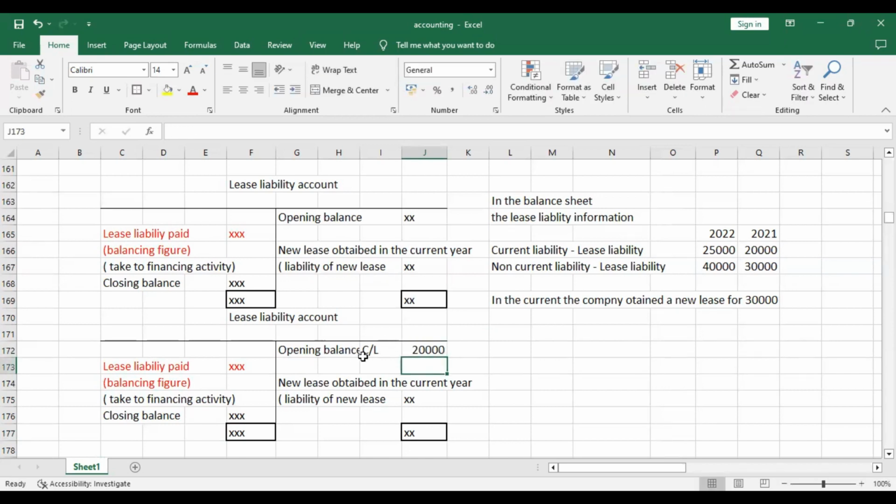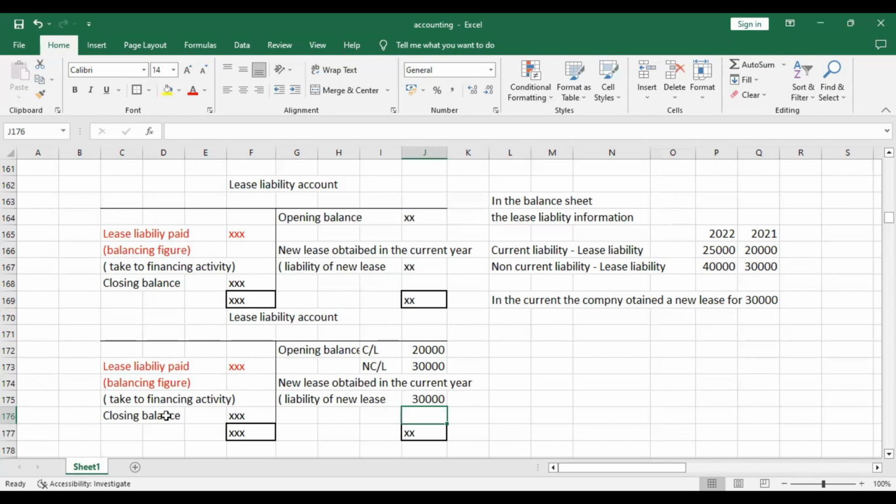Non-current liability, how much is given to you? 30,000. And new lease obtained in the current year. How much new lease was obtained in the current year? That is 30,000. Are you clear?